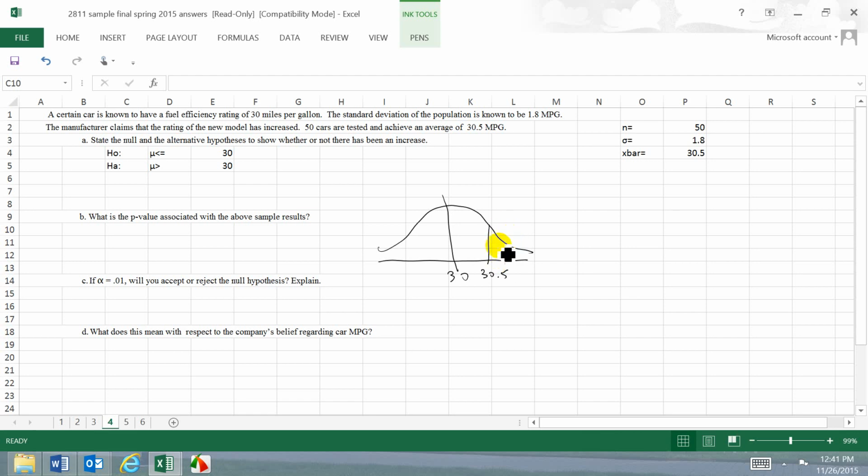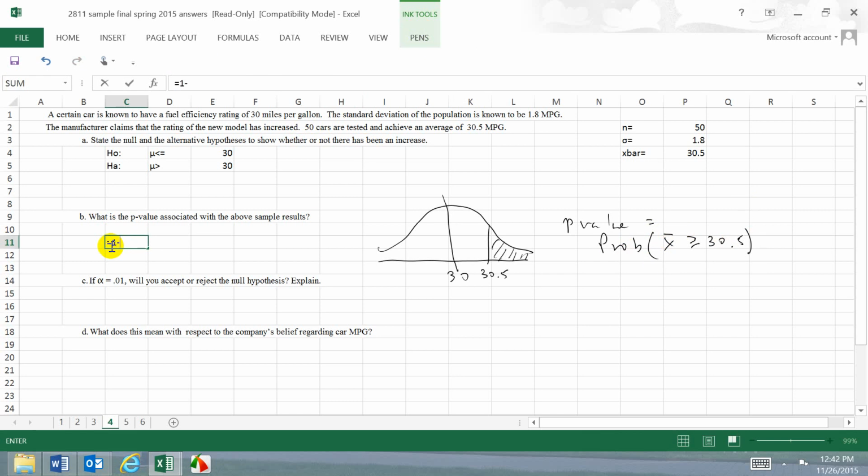So the p-value is going to be the probability that X bar is greater than or equal to 30.5. That's what we're looking for. Since it's a greater than probability, we have to take 1 minus.